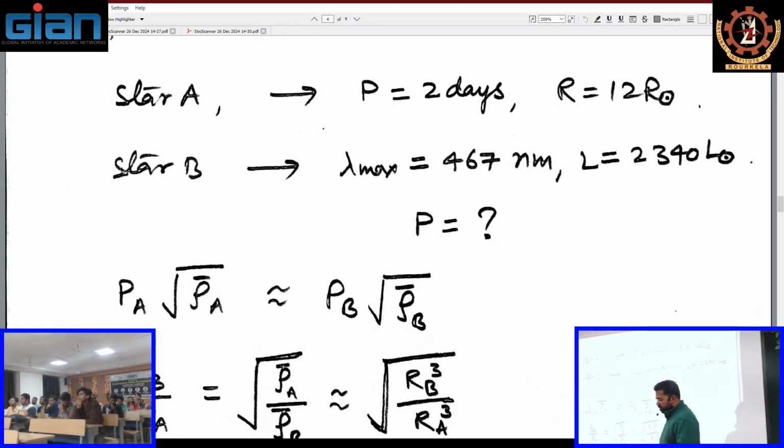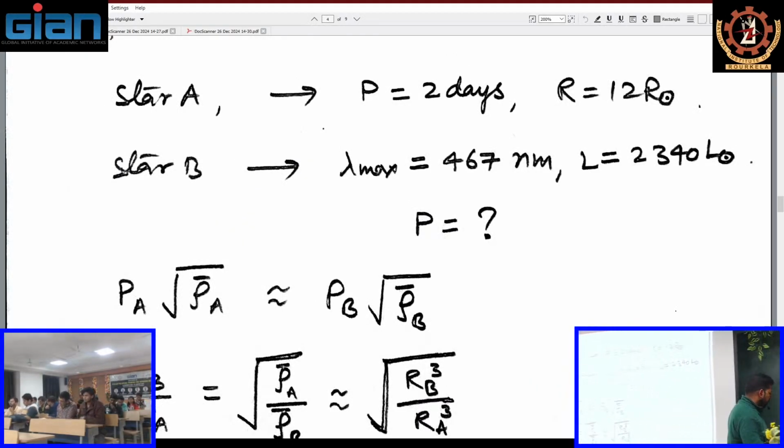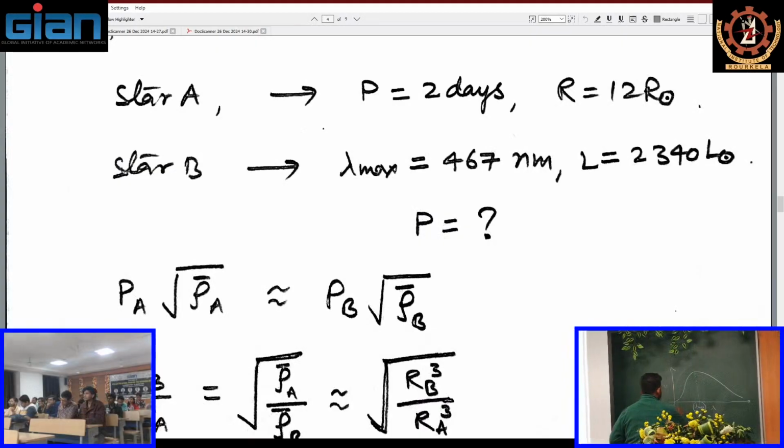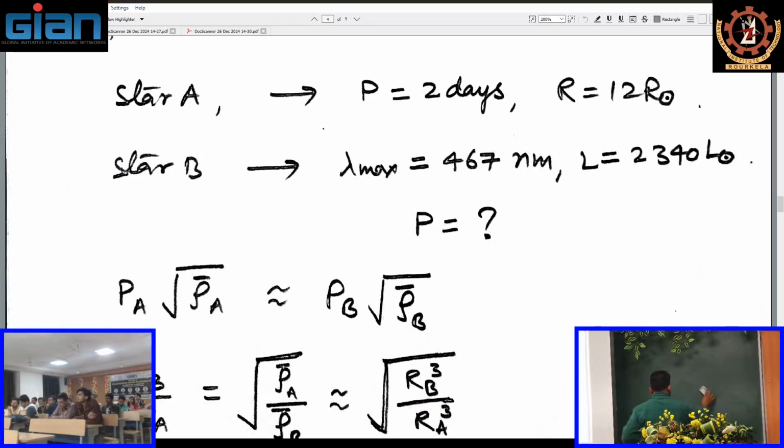As you know, what I said earlier, we have a relation between period and density. If we have the relation between period and density, the square root of the mean density times the period is equal to a constant.